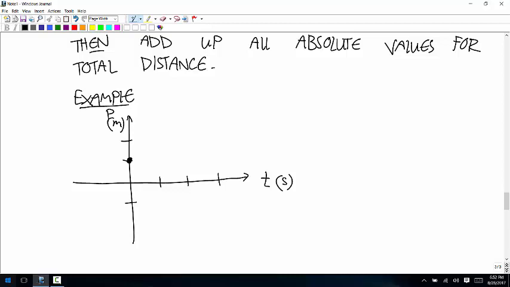So this is 1 second, the location is positive 2, so the dot's going to be here. At 2 seconds, the location is negative 1.